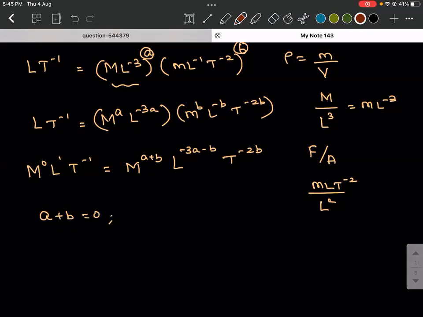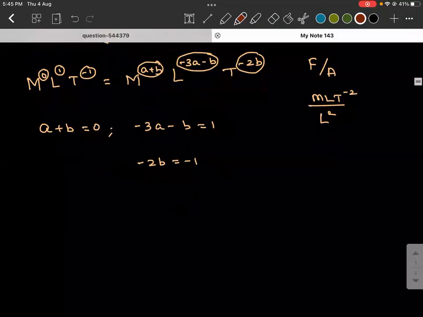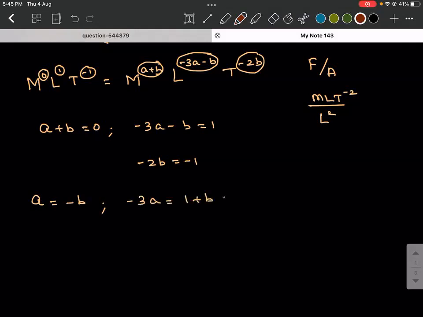So A plus B is 0, minus 3A minus B is 1, and minus 2B is minus 1. When A plus B is 0, A will be equal to minus B. Minus 3A minus B is 1, so minus 3A is equal to 1 plus B. Or I can write it like this, no? When A is equal to minus B, can I take this and substitute it here?